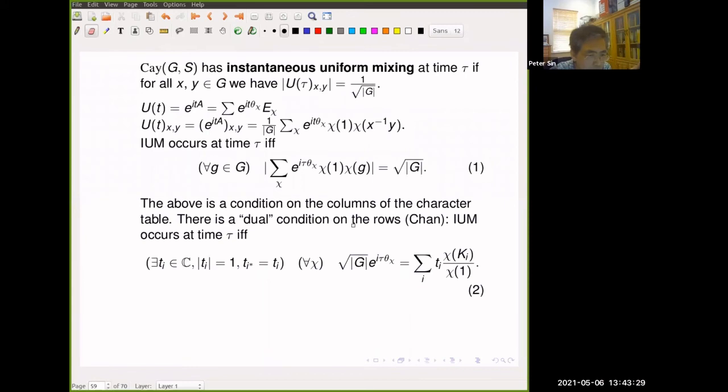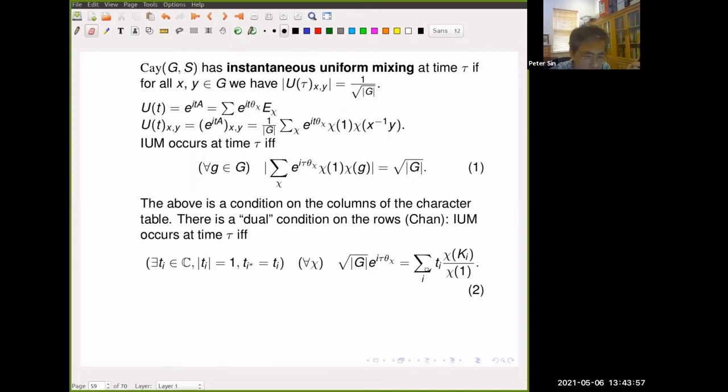So you have instantaneous uniform mixing at time tau if and only if there exist complex numbers t_i of absolute value 1, such that this expression is e to the i tau theta chi times the square root of |G|.